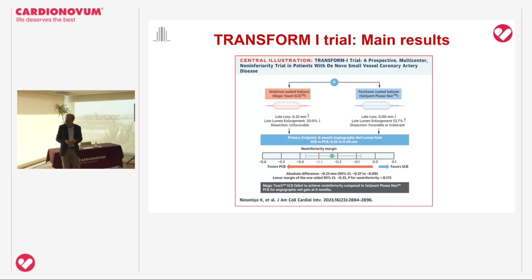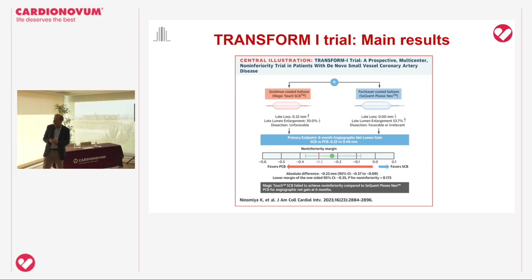The results overall favor the use of the paclitaxel-coated balloon, Sequent Please, compared to Magic Touch. The late lumen loss was smaller. There were 53% of patients showing late lumen enlargement. And dissections, as commented before, showed favorable outcomes.